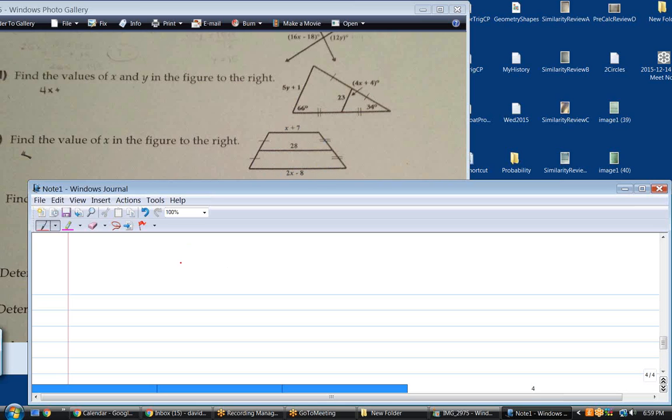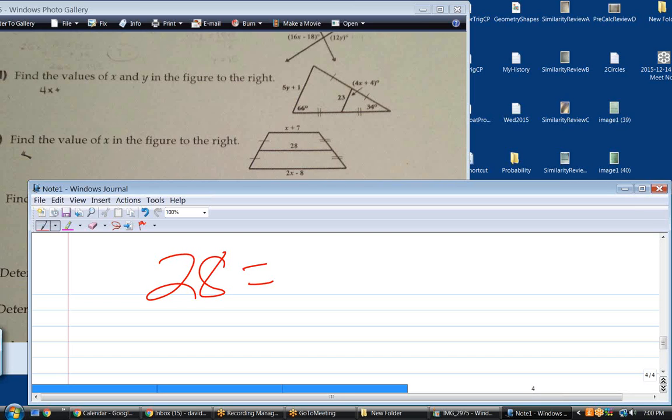So what's my equation? Start with 28. What's 28 equal to? Spell it out. I don't want you to solve for x immediately. I want you to give me the equation.